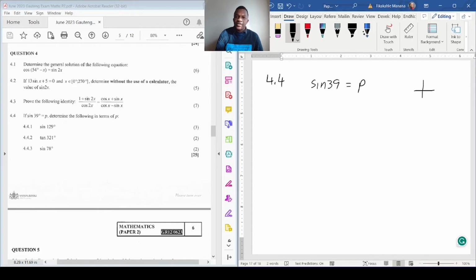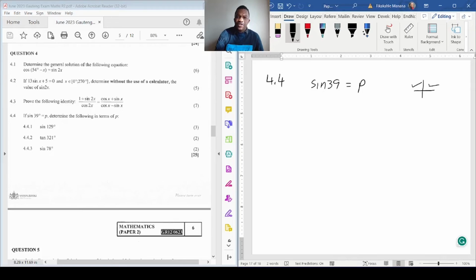Which quadrant is this triangle going to be in? It's either this one or that one. Is there any other information that we have? No. So let's draw it on the first one.